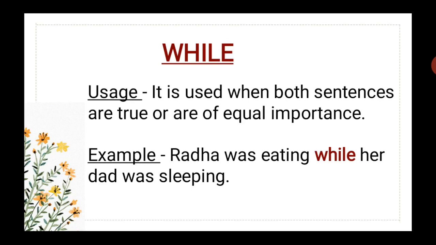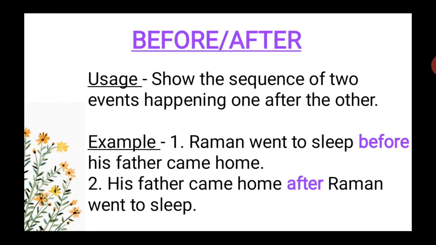Let us consider another sequence connector. Before or after. Before and after show the sequence of two events happening one after the other. As you already know the meaning of before and after, let us see some examples. Raman went to sleep before his father came home.